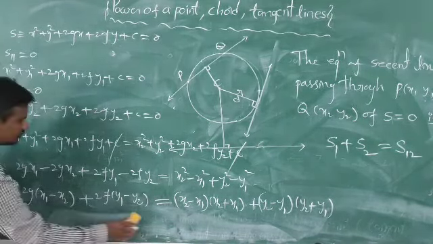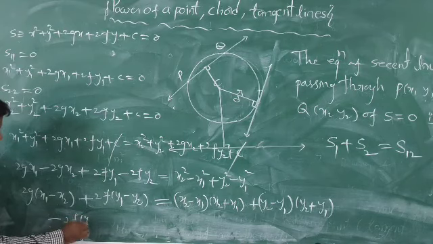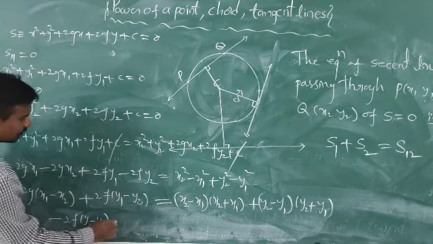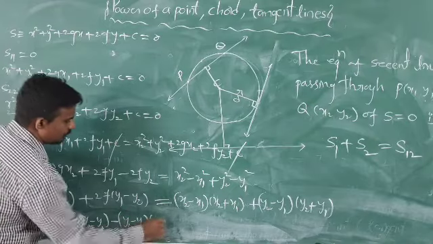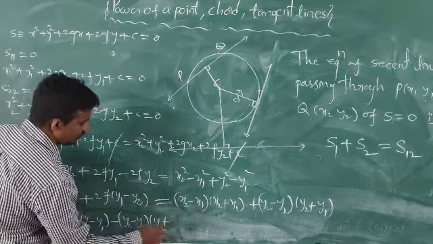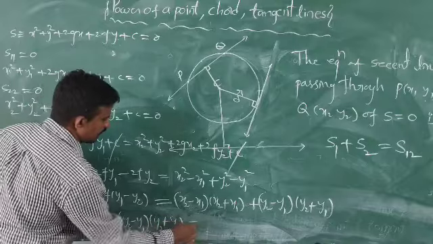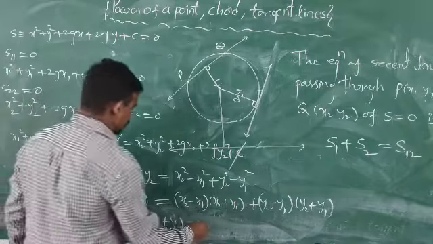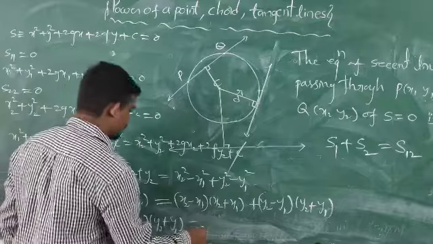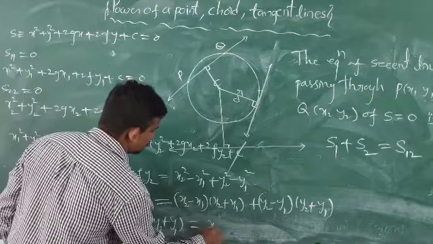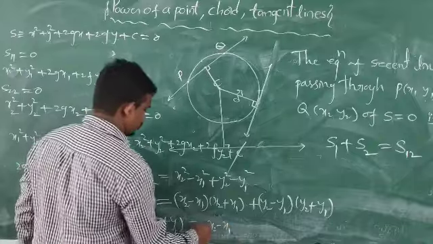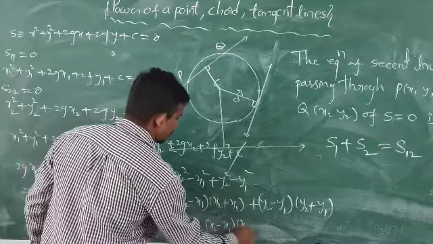Just write first minus of 2 of f of y2 minus y1 minus of y2 minus y1 of y1 plus y2 plus y1 equal to, and this one, and also the same, write x2 minus x1 of x2 plus x1.